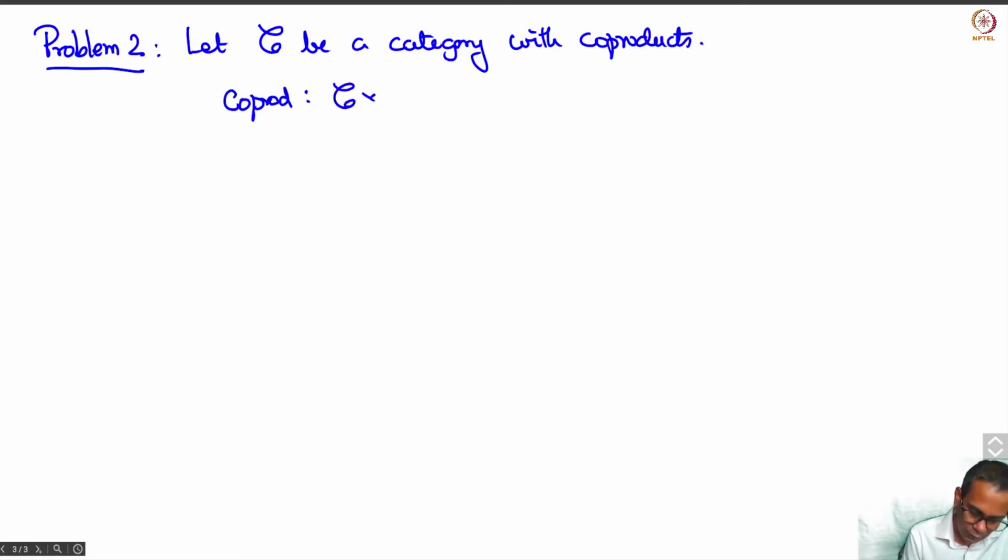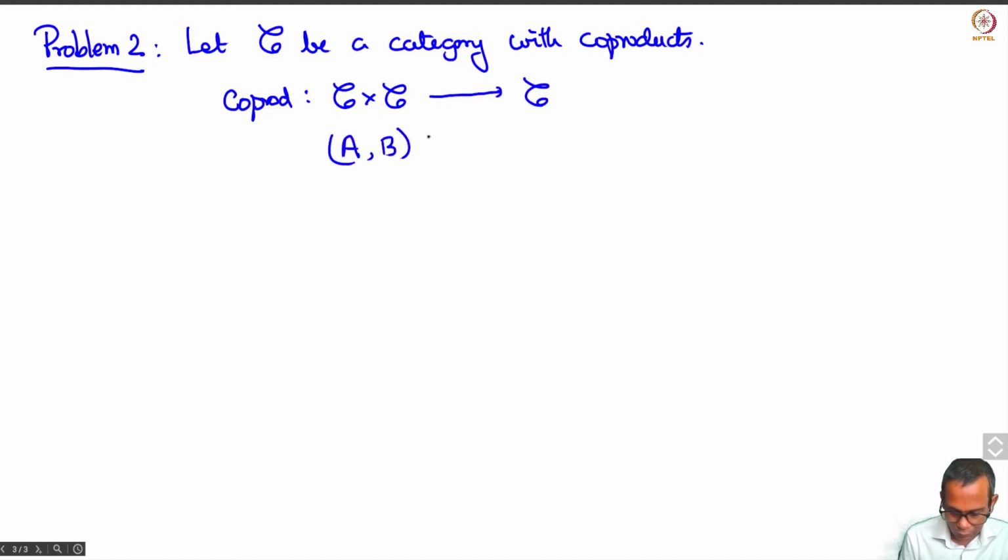It goes from C cross C, the product of the category C with itself. So its objects are pairs of objects in C to C. And what does this functor do? It takes A comma B to A plus B, and you can work out what it does on arrows as well.